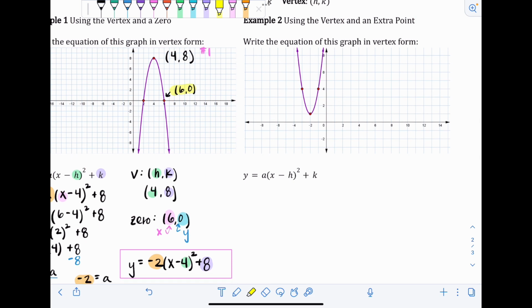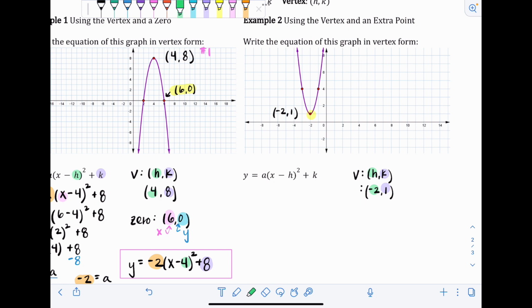So the same first step, we need to find the vertex from the graph, which on this graph is (-2, 1). The vertex structure is (h, k), and we got that our vertex was (-2, 1). So h is going to be -2 and k is going to be 1.